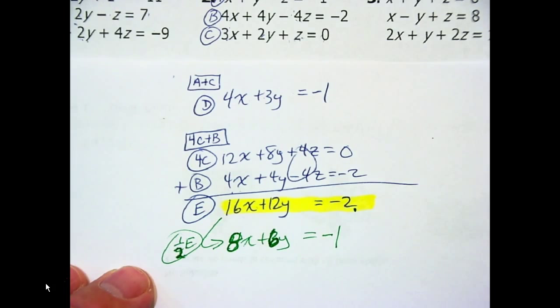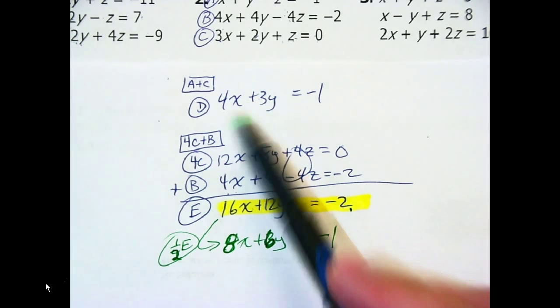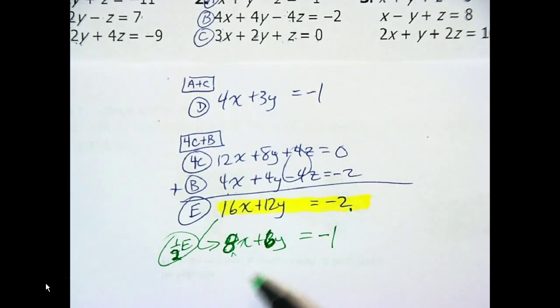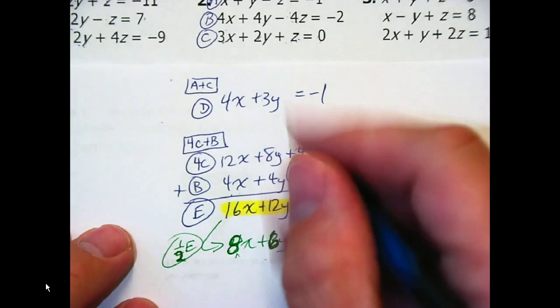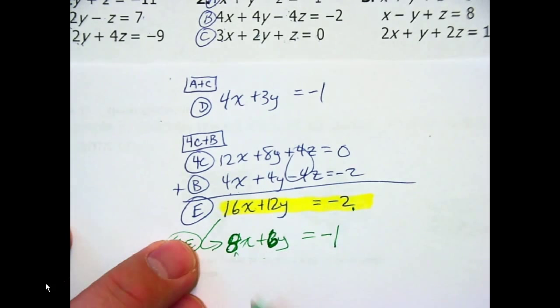All right. Hey, if I look at this and this, notice this is 4x plus 3y, this is 8x plus 6y. And both equal negative 1. The next step really is to take equation E and try to eliminate one of the others, but notice this is double it.